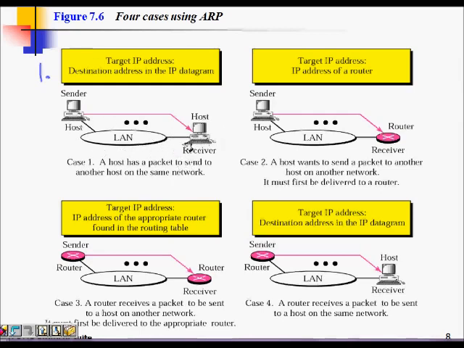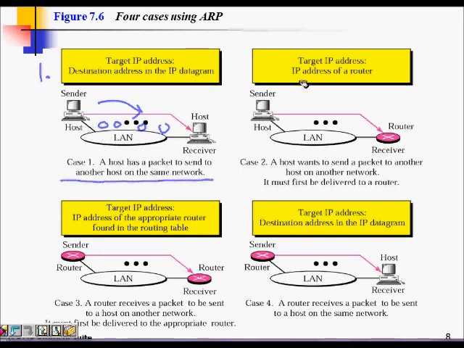If I don't know his MAC address, I cannot forward a packet to him. So what do I do? In the LAN, I will send a broadcast ARP request saying this is the IP address of the host and I want to find his MAC address. This broadcast request goes to all the machines, but only the particular host replies with his MAC address. This was the thing we saw also.